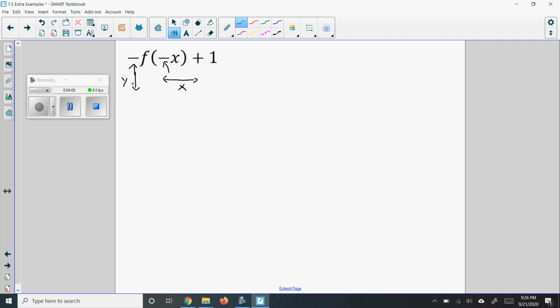So this one on the outside, since it impacts the y values, that means, again, if I have a point and I affect the y values, I've reflected it over the x-axis. So this first one has been reflected over the x-axis.